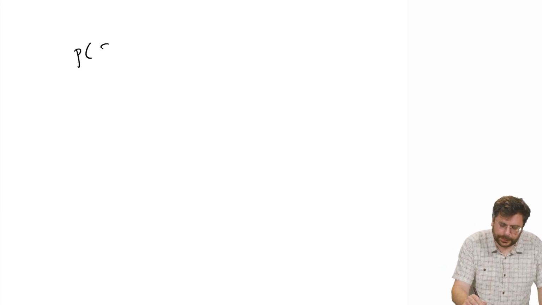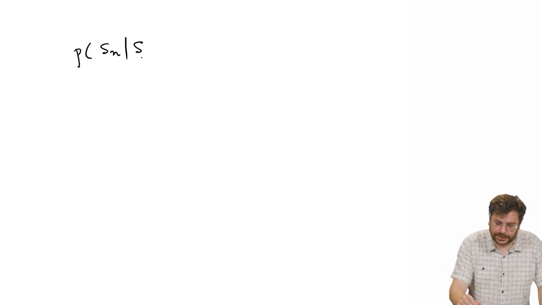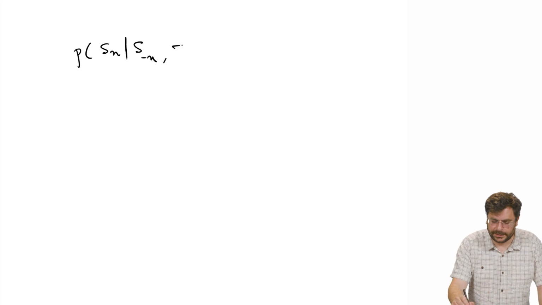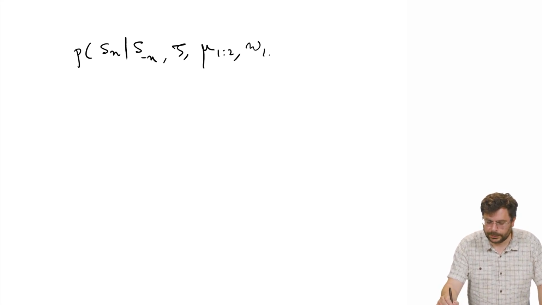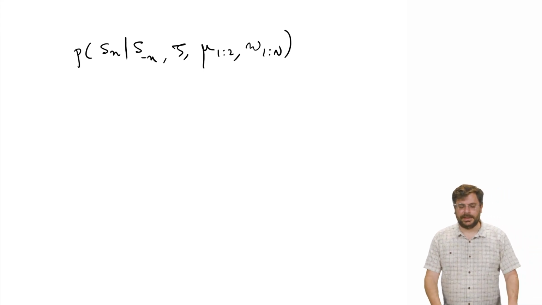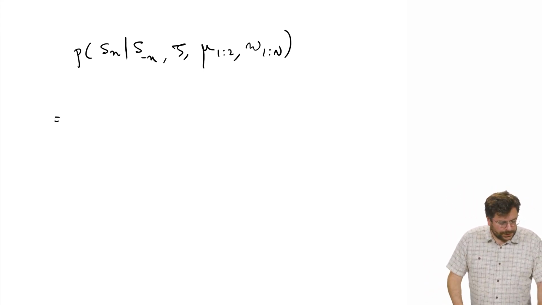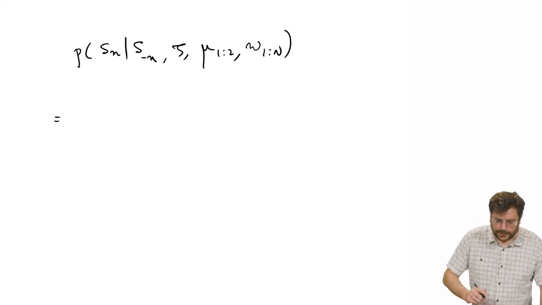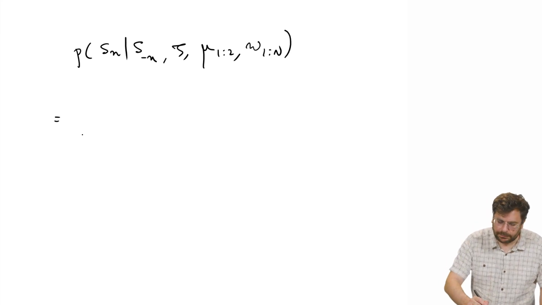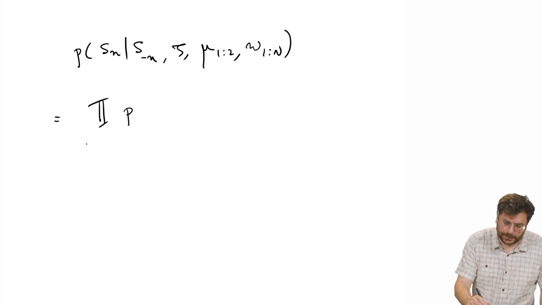Okay, now comes the big one, which is how do I go about determining P of Sn conditioned on S minus n, tau, mu1 to 2 and W1 to n? What is that equal to? Well, let's go ahead and rewrite this as my product.